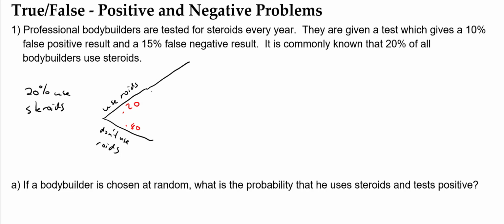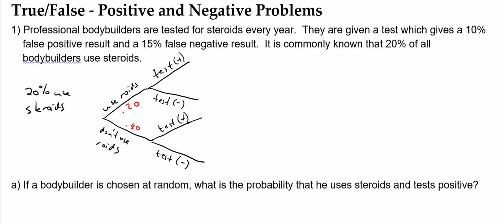And then we're going to do the second part, where I'm going to split this off. Each one of these is going to be the test is positive and the test is negative. So let me just fill this in and then I'll explain what I'm talking about here. Test positive and test negative.